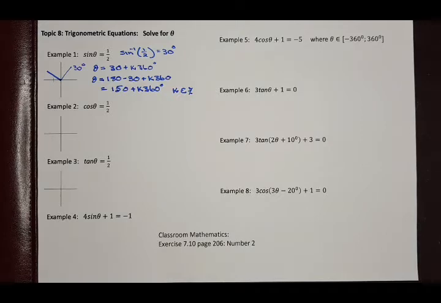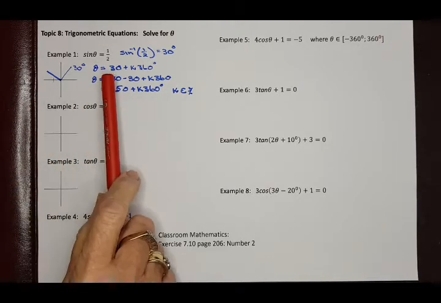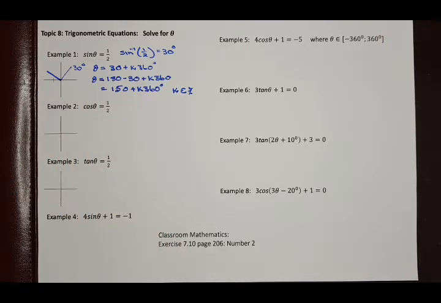So we are saying if you put 30 degrees into your calculator and you type sine of 30, you're going to get a half. If you put 390 degrees and you type sine of 390, you're also going to get a half. If you take sine of 30 minus 360, sine of minus 330, you are going to get a half.